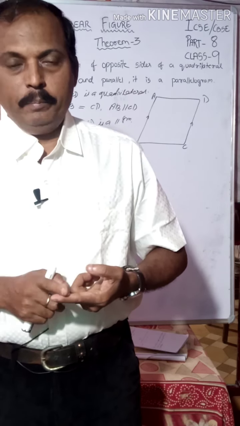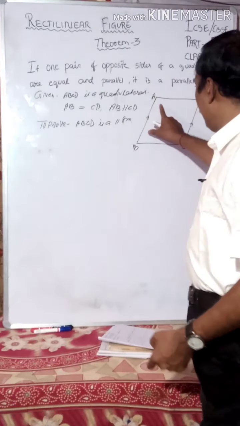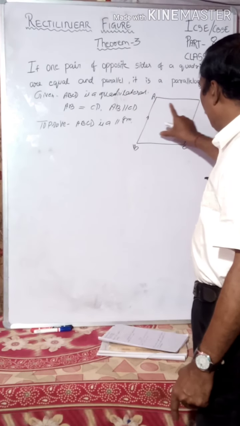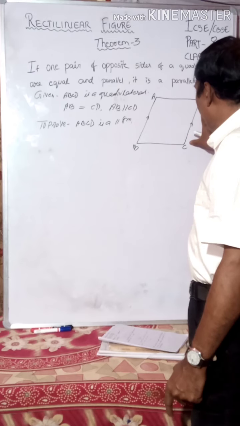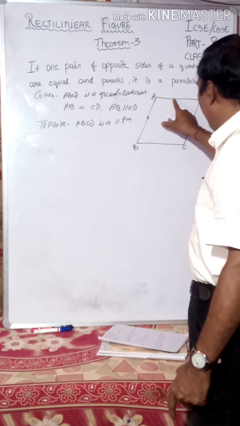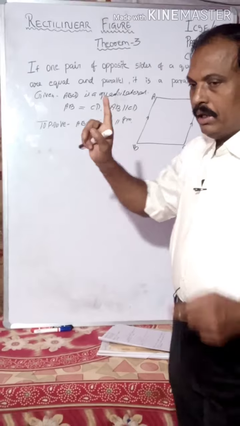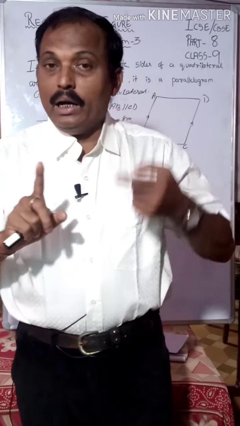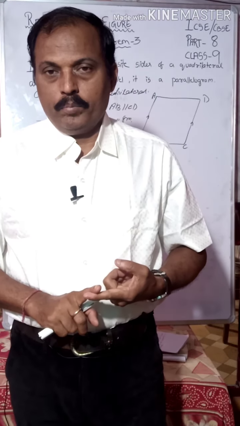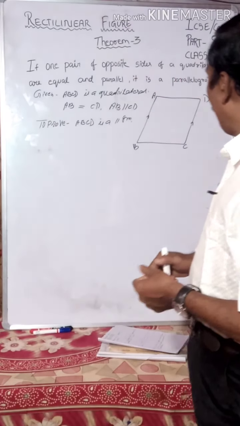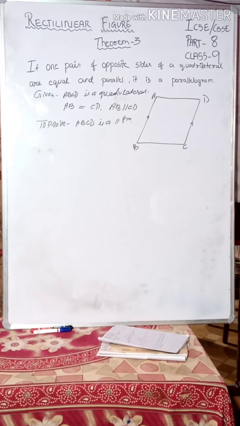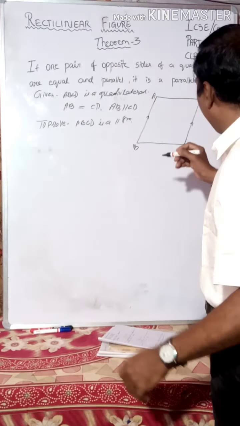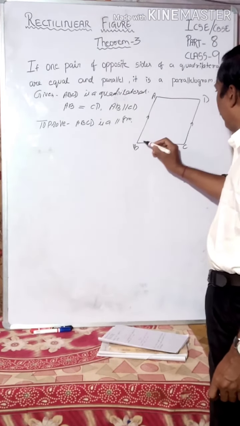Now we have to prove, as AB is parallel to CD and AB is equal to CD, that AD is parallel to BC. Nothing else. Now look, draw a diagonal. Join a diagonal, any diagonal, either AC or BD.